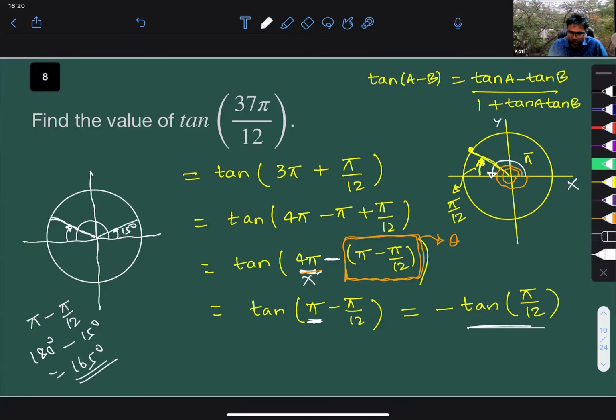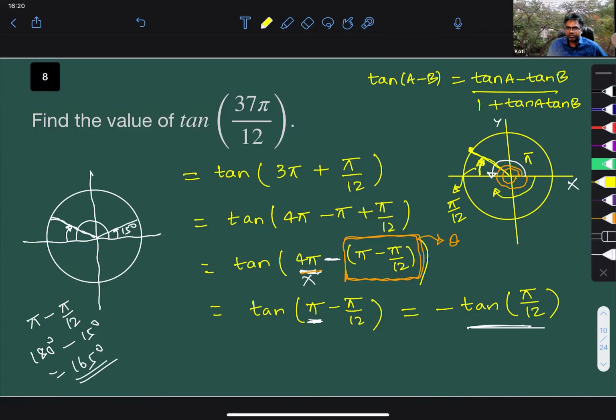Pi minus pi by 12 gives 165 degrees. If I go clockwise 165 degrees, it will push me into the third quadrant.